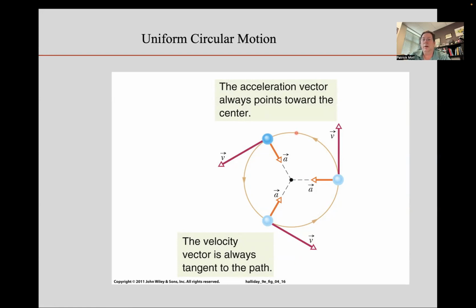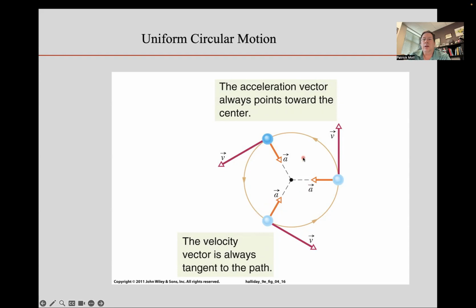The velocity is always tangent to the circle. The velocity vector is tangent to the path. So anywhere along the circle, I can put down a velocity vector tangent to the circle. And the main point that we want to get out of this is that the velocity vector is changing in a particular way.